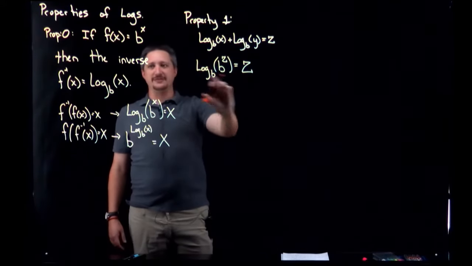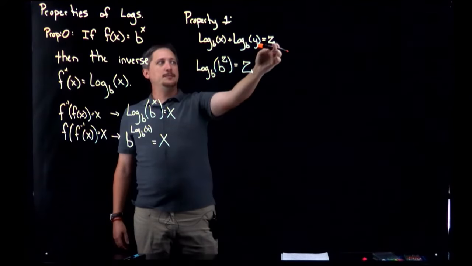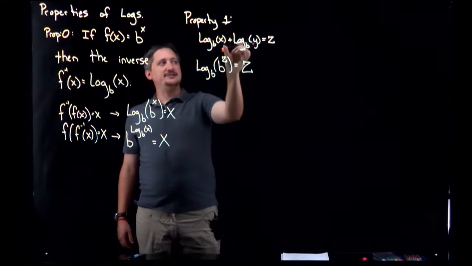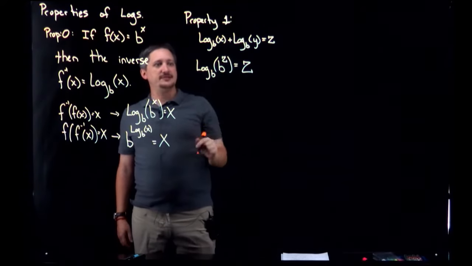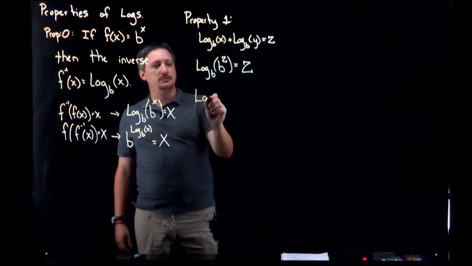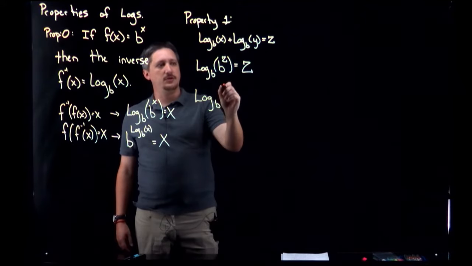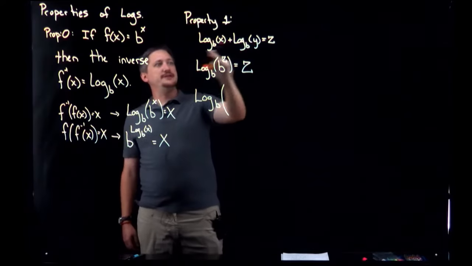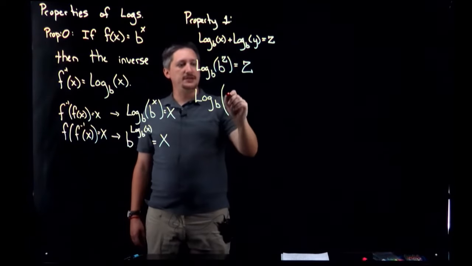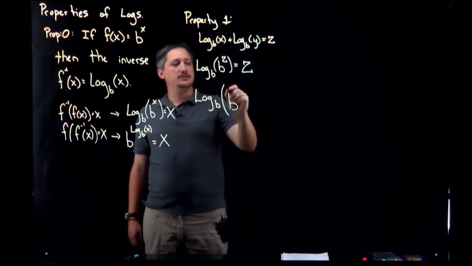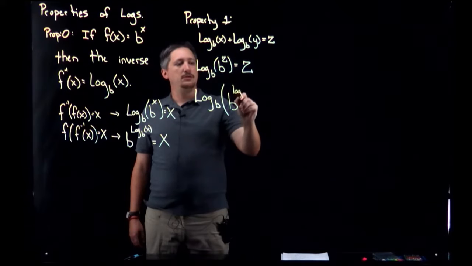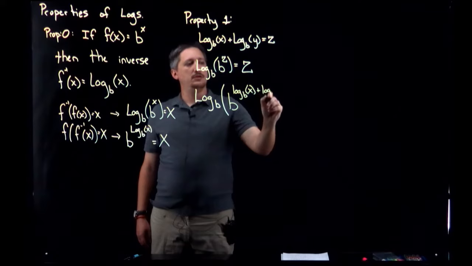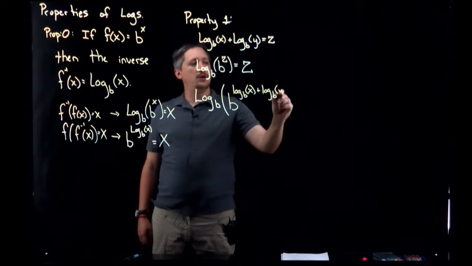This would be true no matter what I put in here as z, but my z is this. So I'm going to substitute that in. I'm literally just going to take z and plug it in where there are z's. So I'm going to have log base b of b to the log base b of x plus log base b of y.